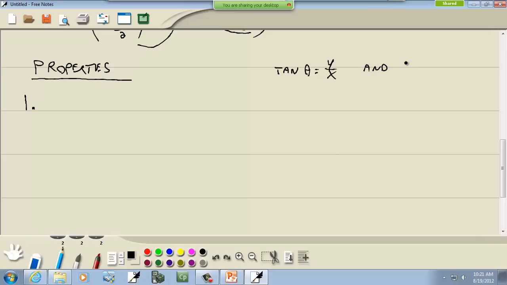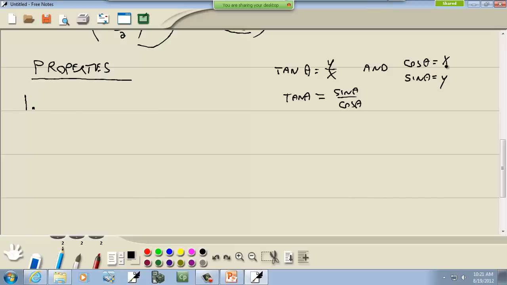And we said that cosine is equal to x and sine is equal to y. Well, if I plug these in, we said y is equal to sine theta, then we're going to find tangent theta is equal to sine over cosine.